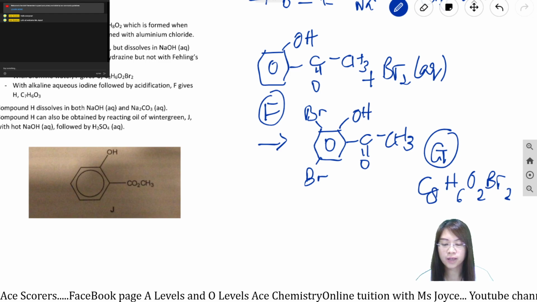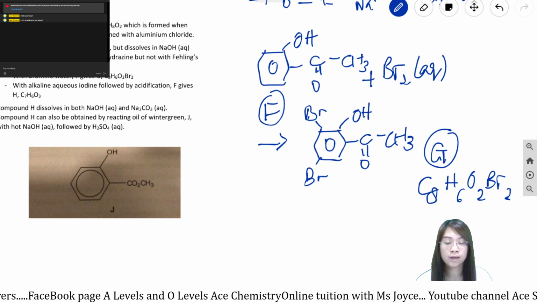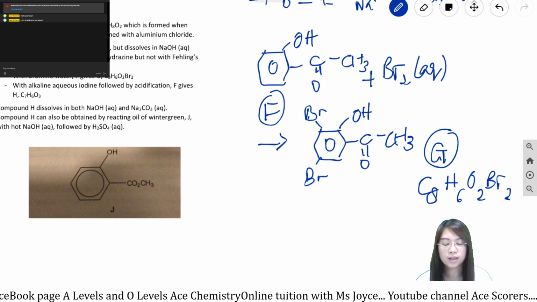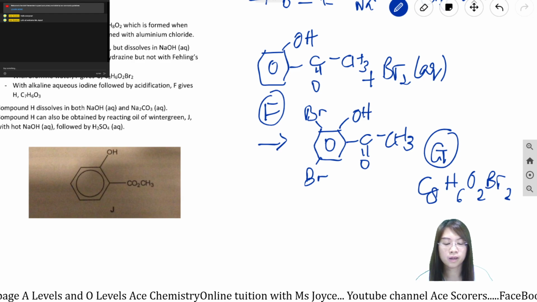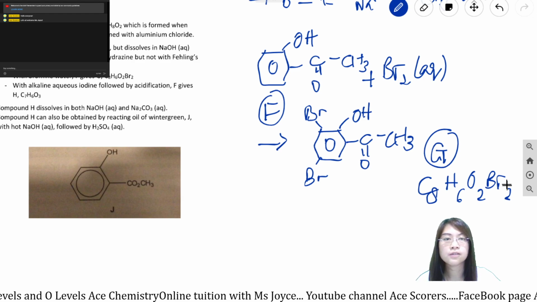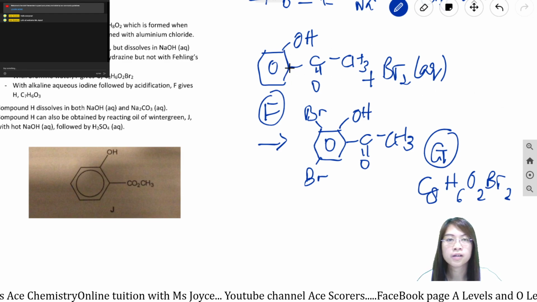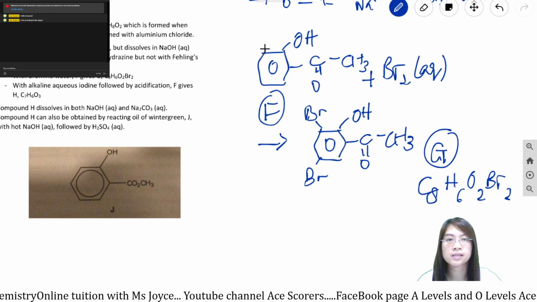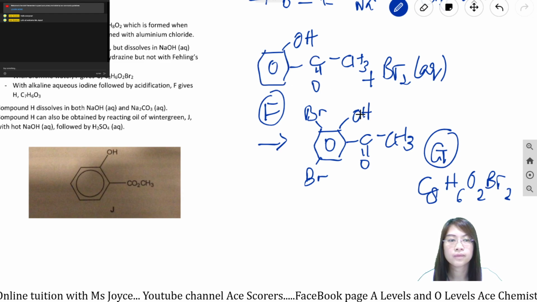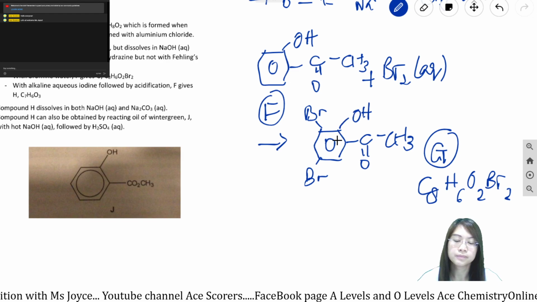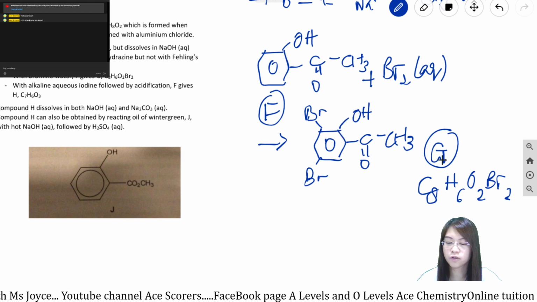So students, do remember that when bromine reacts with a phenol-based compound, the phenol will direct the bromine to the 2nd, 4th, and 6th positions on the benzene ring. So that's how we get this structure of G.